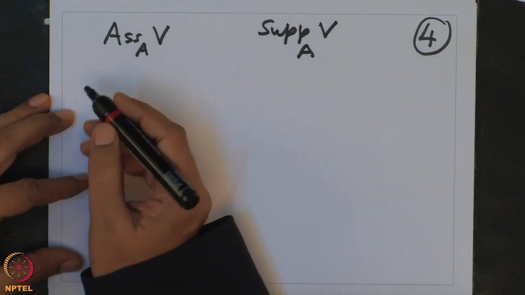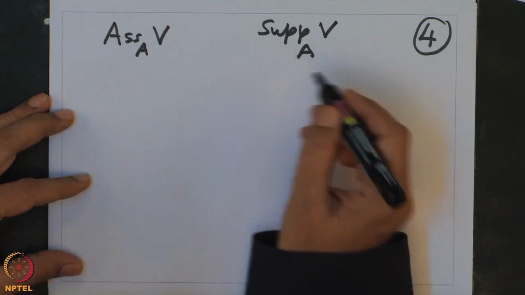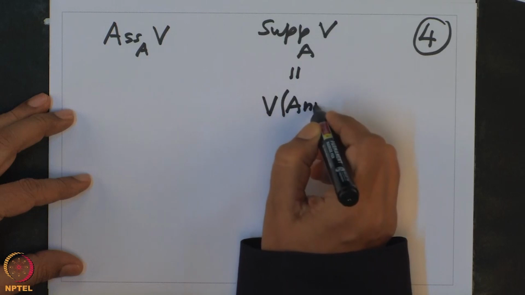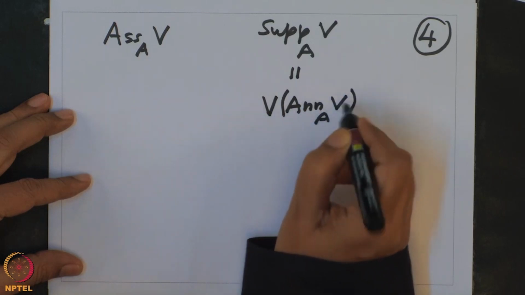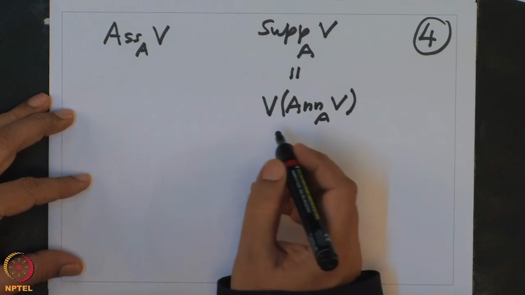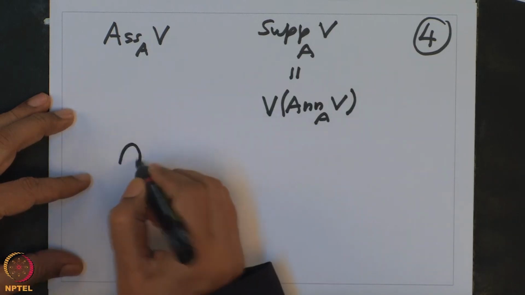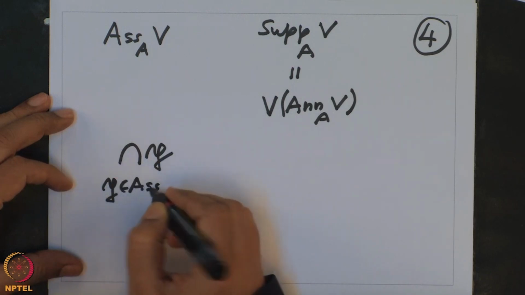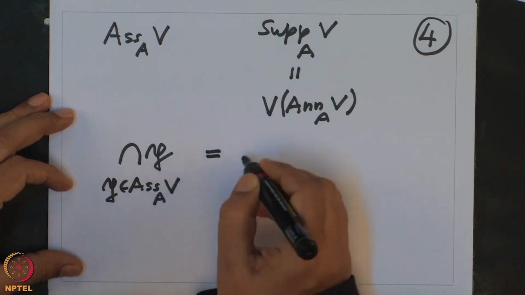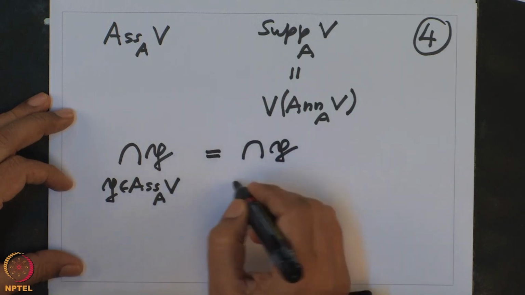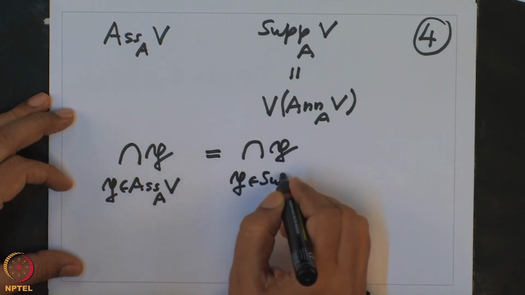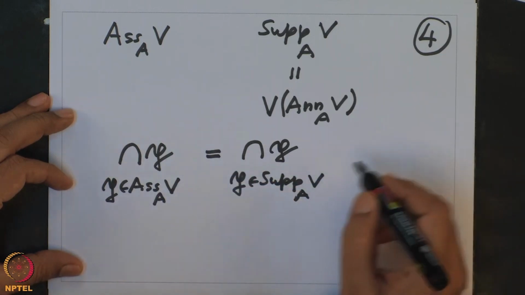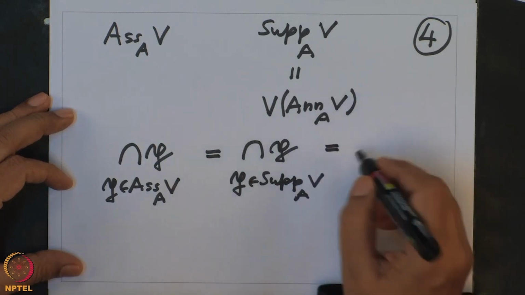All right, and we know that the support of V is V of the annihilator. And therefore, the intersection of P as P varies in the associated primes is also the same as the intersection of P as P varies in the support. This is because they have the same minimal elements, and this is nothing but the radical of the annihilator.